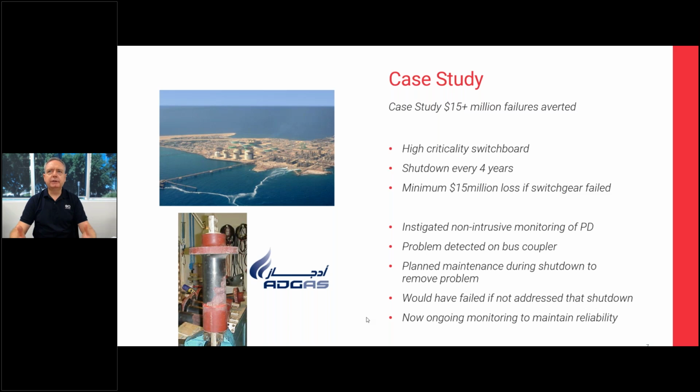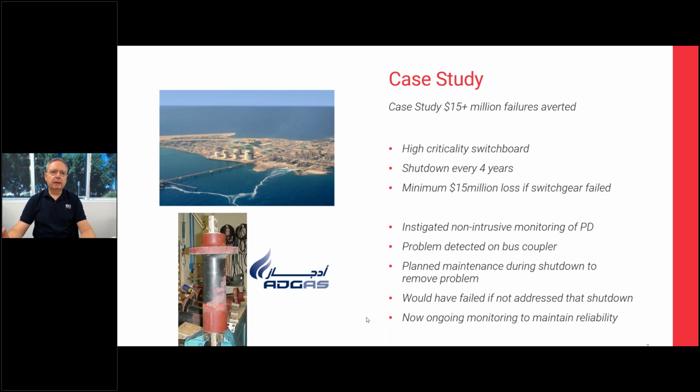Now, the organization knew that they didn't have a way to test the installation, so they instigated a program of partial discharge monitoring, non-intrusive monitoring, to see if there were any issues that they needed to address during that outage, which happened, like I say, every 4 years.